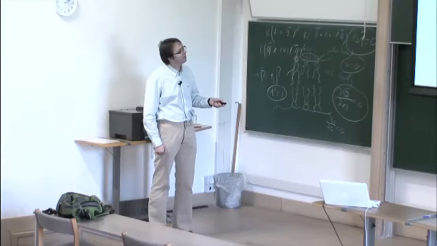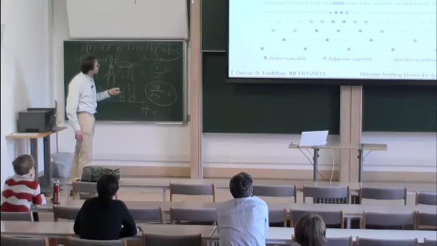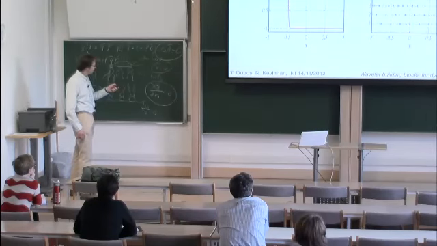And because this may move in space, left or right, and because I may have nonlinearities which will generate small scales, I also add these adjacent coefficients. So I will prognose them although they are below the threshold, because they might become, as time passes, larger than the threshold. Okay, so this goes like this.